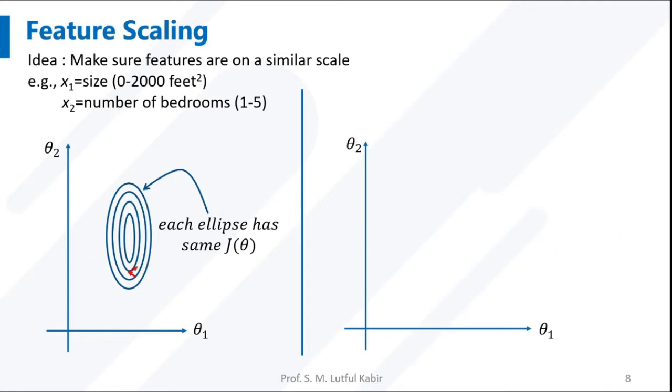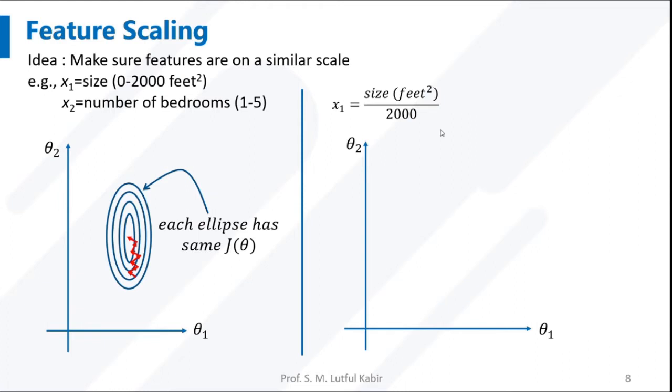Then it may move in the other direction and then another direction. And if we proceed like this, you can see it will take a long path to reach the minimum and it will move to and fro. So that's why the cost function will not reduce in a regular manner. And this happens because of the range of x1 and x2.